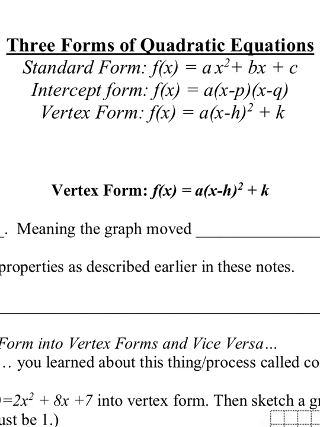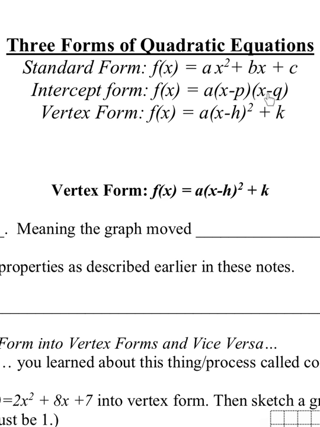All right, in the next couple of pages, we have the three forms of the quadratic equation, and we're going to convert back and forth between the three forms. The first form is the standard form, ax squared plus bx plus c. The next one is called the intercept form, a times x minus p times x minus q. This is also sometimes called the factored form because you have the factors of your quadratic.